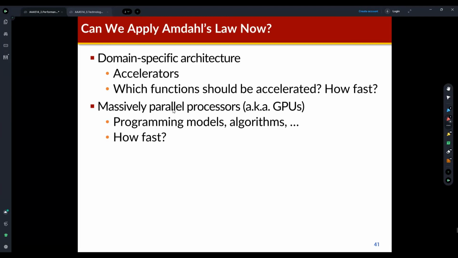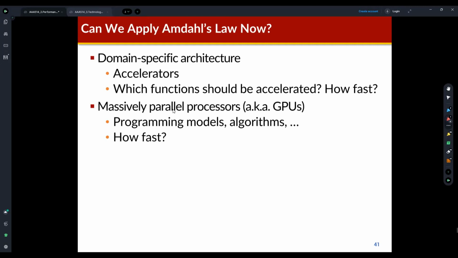But Amdahl's law can also give us some ideas, some technology perspective, for future trends or future configurations of the core architecture. So how can you apply Amdahl's law now?